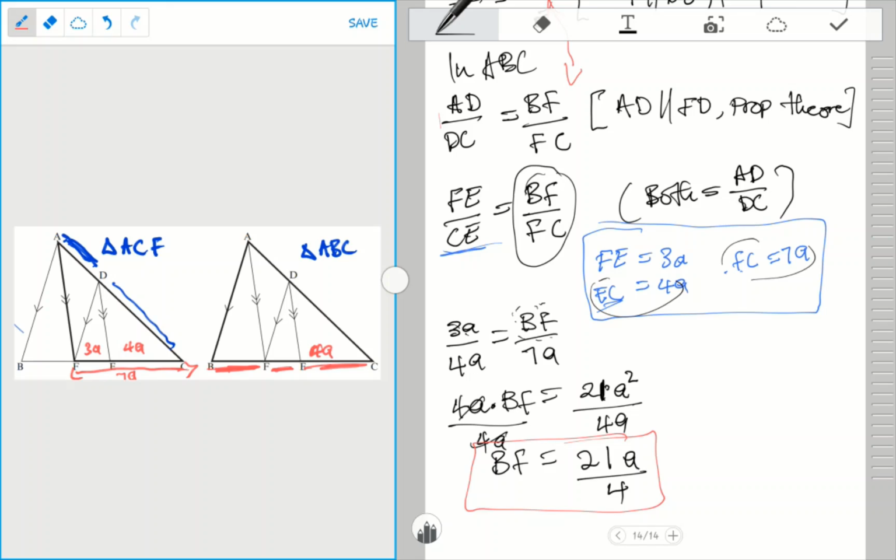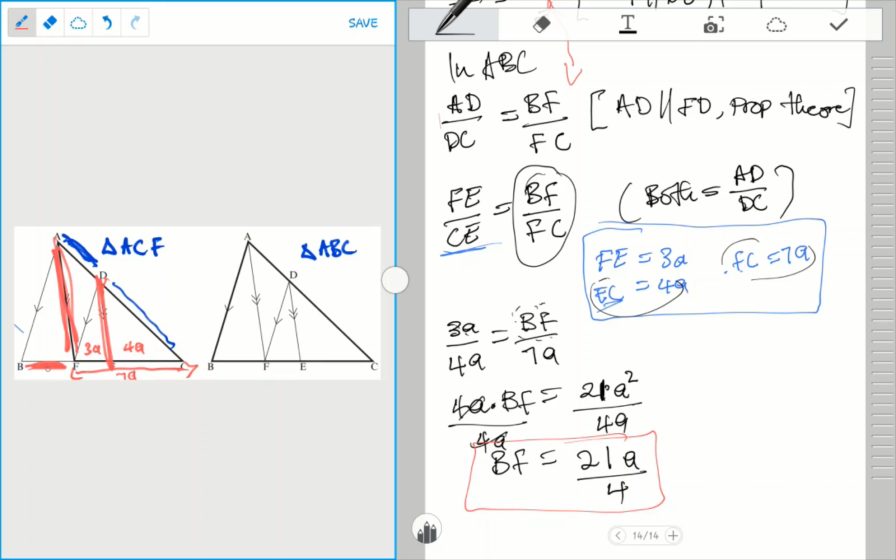Okay, and then this BF we know it. Let's take, because now we are using this triangle where both of them are parallel. Let me use this one so that you can see. Since this one is parallel to this one, we know that this is the same.